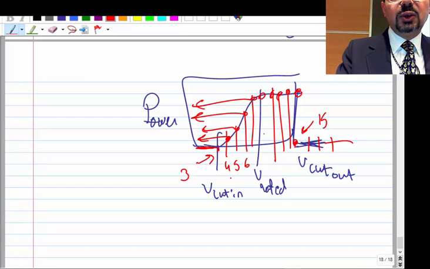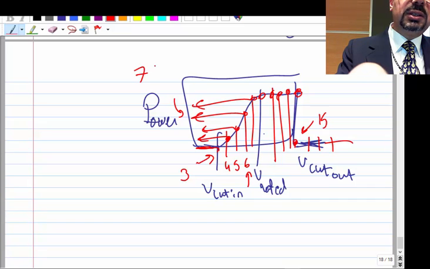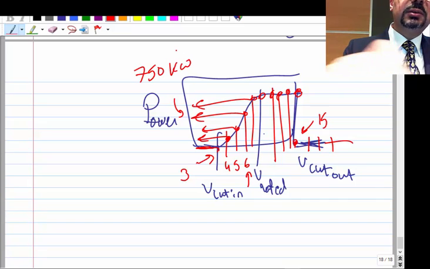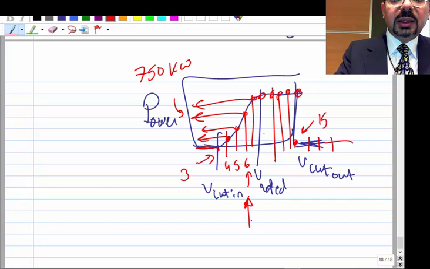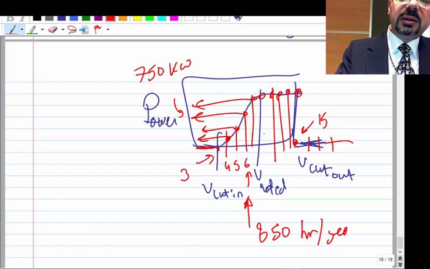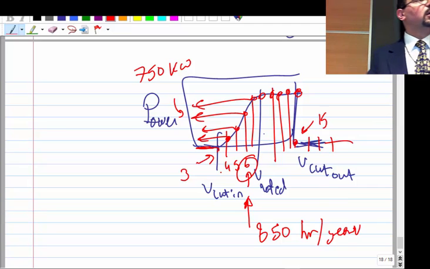Okay, so let's assume that at 6 meters per second, the velocity, the power over here is, say, let's call it 750 kilowatt. Okay, and so in that velocity, he said there is 850 hours per year. The velocity is going to be 6.